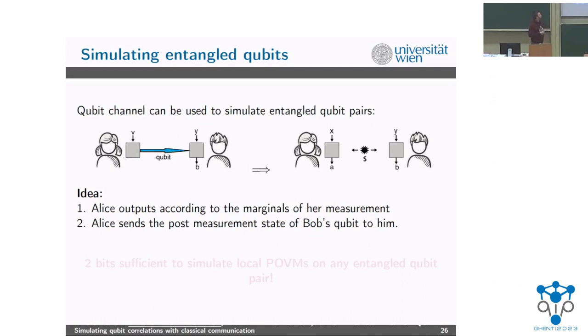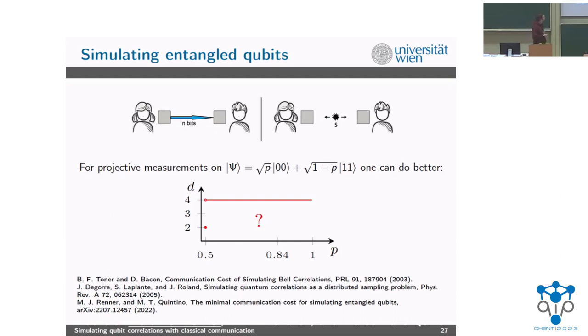And it's reasonably simple to convince yourself that this indeed shows that in this protocol they have the correct statistics, and altogether it shows that 2 bits are sufficient to simulate local POVMs on any entangled qubit pair. However, it turns out that often we can do better.